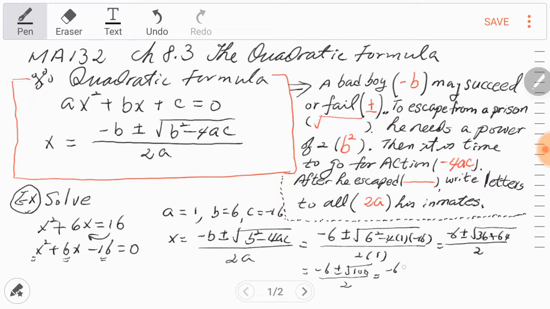So negative 6 plus or minus 10, since the square root of 100 is 10, over 2. Then we can separate each numerator over the denominator 2: negative 6 over 2 plus or minus 10 over 2. Negative 6 over 2 is negative 3, and 10 over 2 is 5.